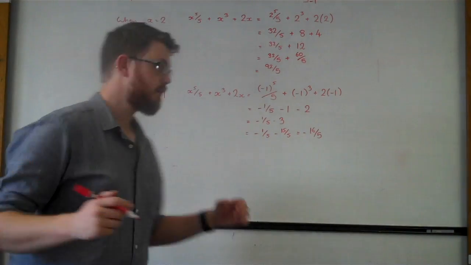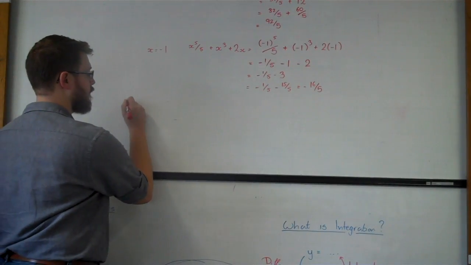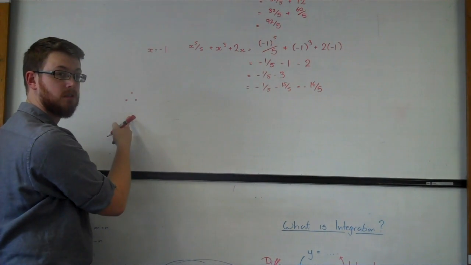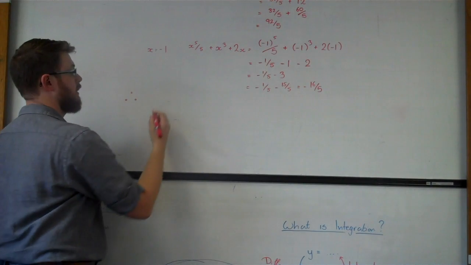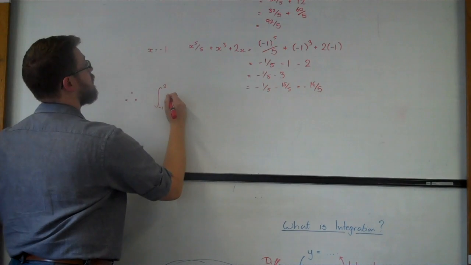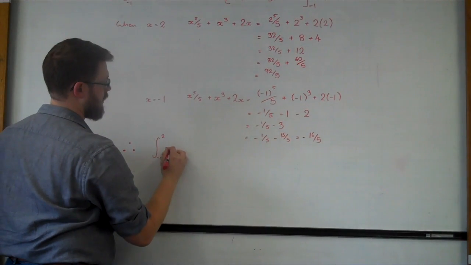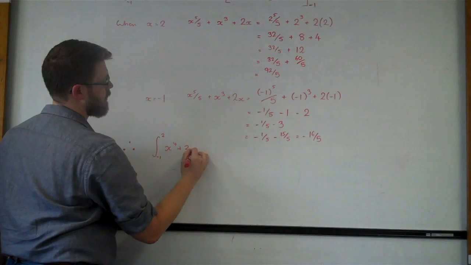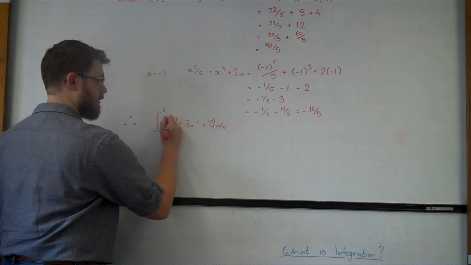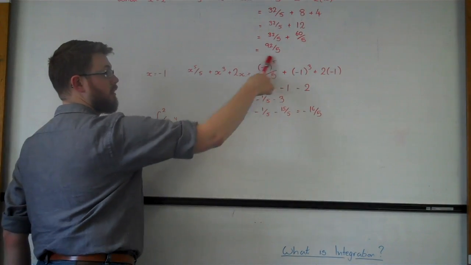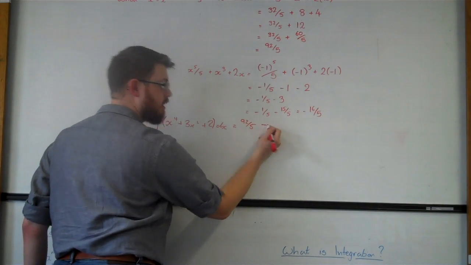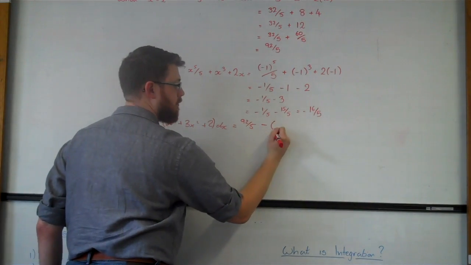So, therefore, remember these 3 dots mean therefore, we've got the integral between minus 1 and 2 of x to the 4 plus 3x squared plus 2 with respect to x is equal to our first number take away our second number.